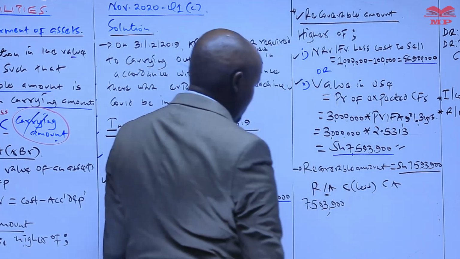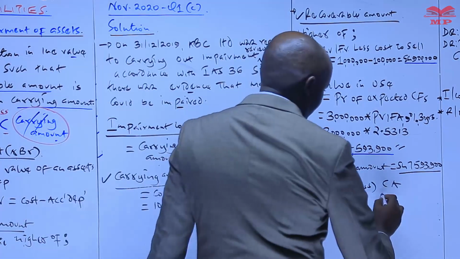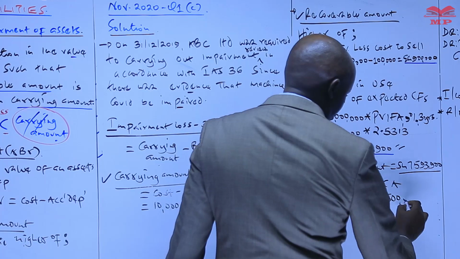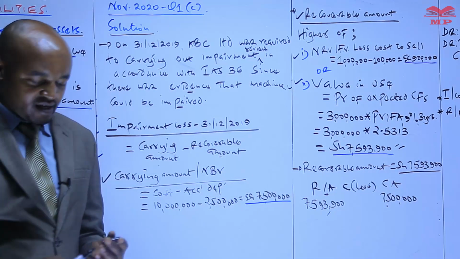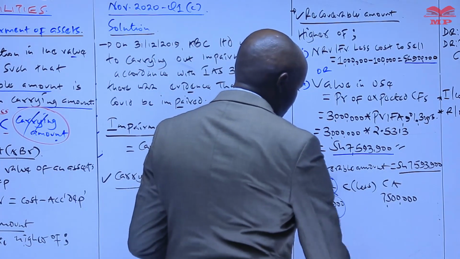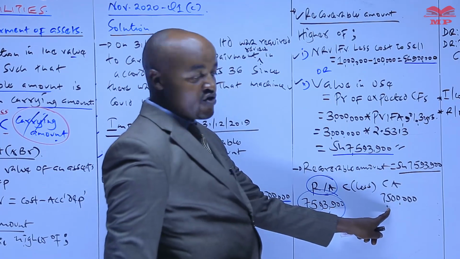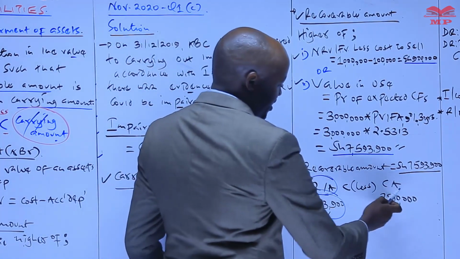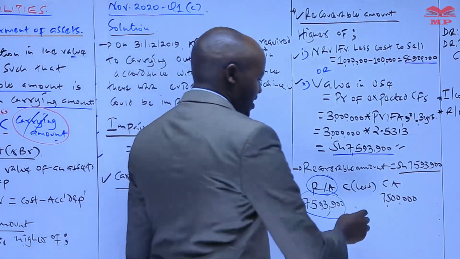What about the carrying amount? Carrying amount is 7.5 million. So what we need to do is basically to check is our recoverable amount less than the carrying amount? No. So this one is the one which is less than this one. So therefore the recoverable amount is not less than the carrying amount.